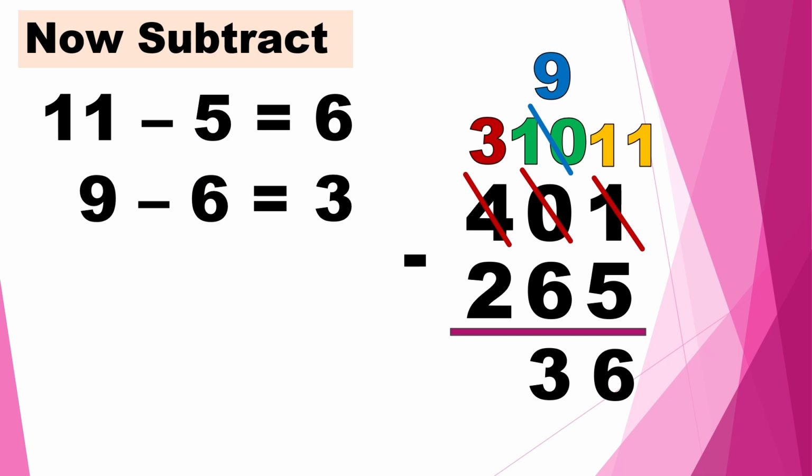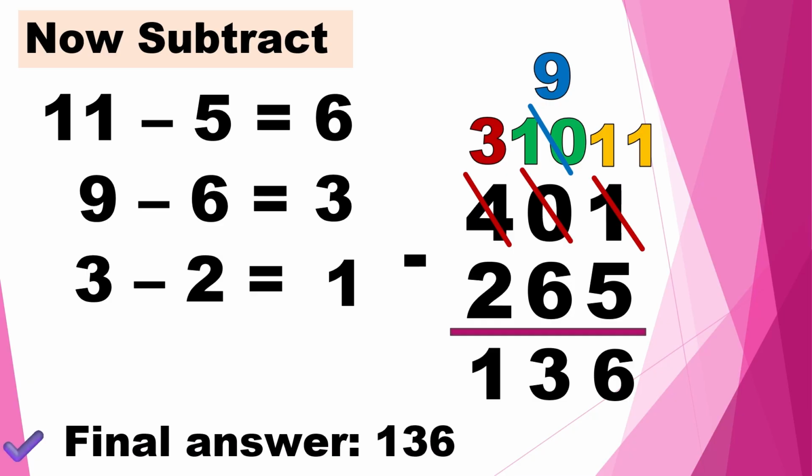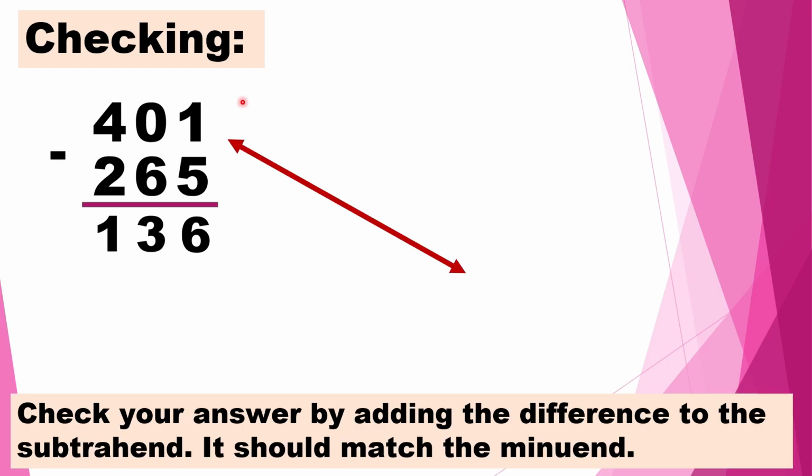The next, 3 minus 2 equals 1. So the final answer is 136. Again, 401 minus 265 equals 136.